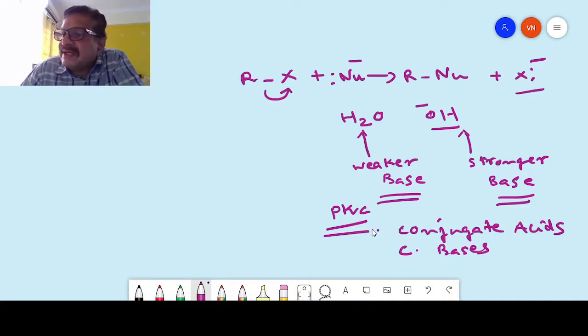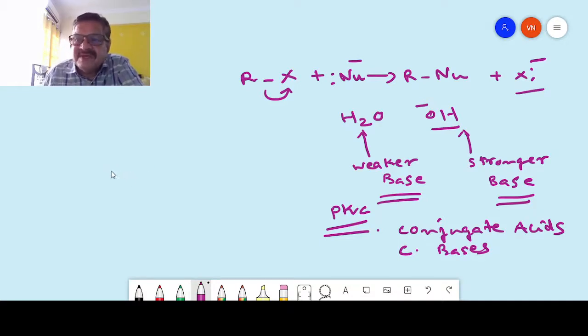Left to right across a row of the periodic table, basicity decreases. When the basicity decreases, the leaving group ability increases, because leaving groups are always weak bases. We have seen that, no? Leaving groups are always weak bases.